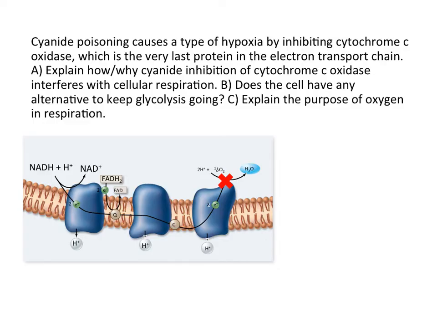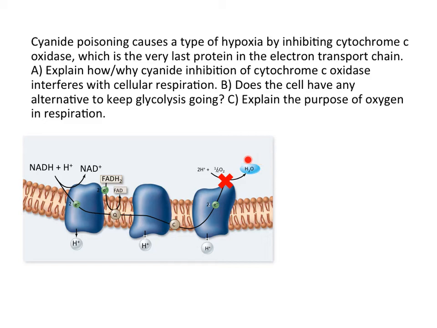Cyanide poisoning is also deadly, as we know, and it works slightly differently. What cyanide does is interfere in the interaction between oxygen and the last protein in the electron transport chain. So it prevents oxygen from taking these electrons at the end of the electron transport chain.